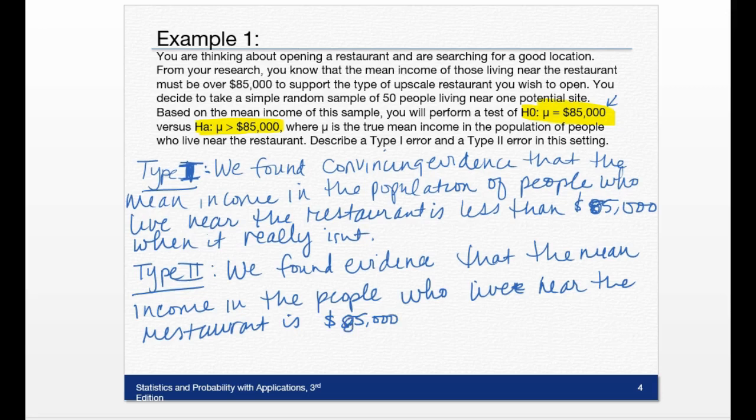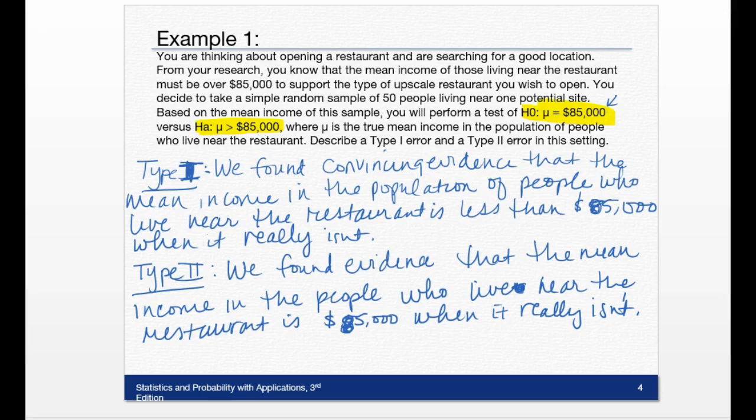Found evidence that the null is true when it really isn't. Okay? So what's difficult about this is all the context shifts you have to write. You just got to remember which one you're talking about. Type 1 is when we rejected the null, we found evidence of the alternative, but it wasn't true. Type 2 is when we found evidence of the null, and it wasn't true.